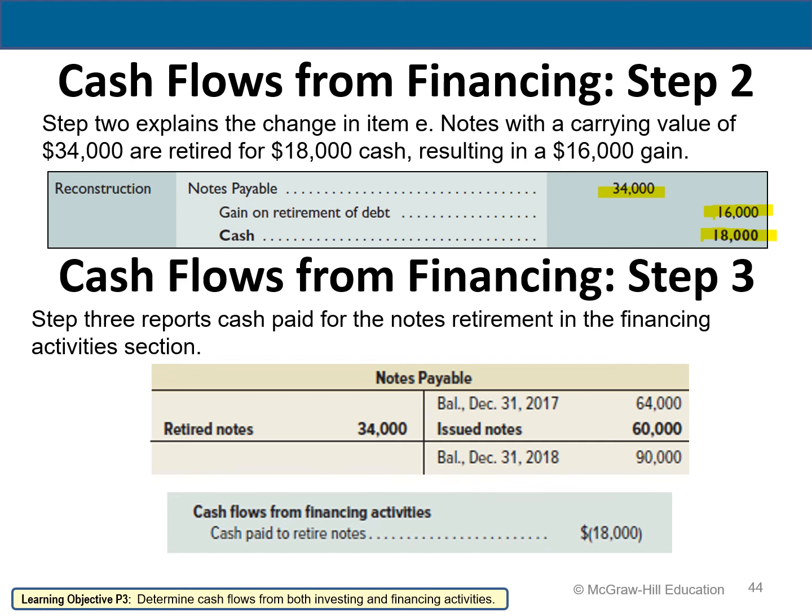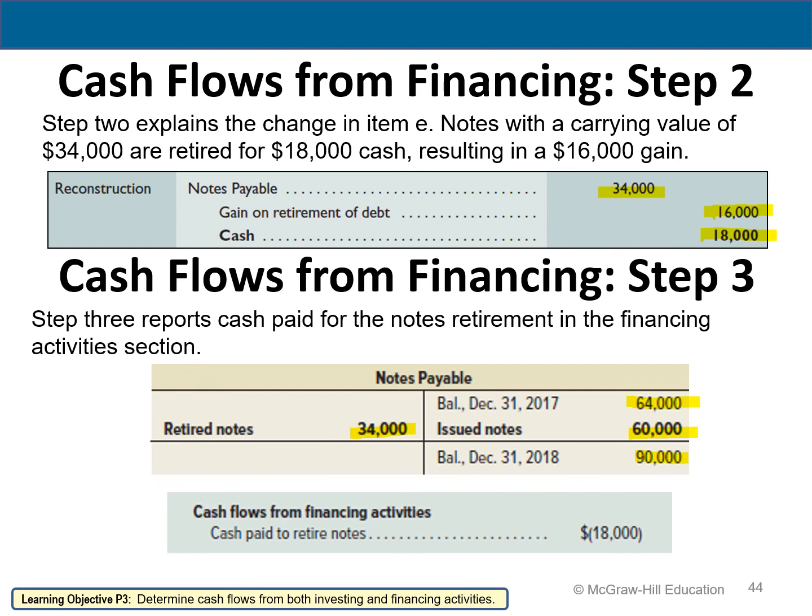And so if we post it to the T account, we know from our balance sheet we started at 64,000. We took out a note that was 60,000, so we increased our note payable balance by 60. We retired 34,000 of that 60, so we need to reduce our note payable, which is how we get to the $90,000 ending balance.